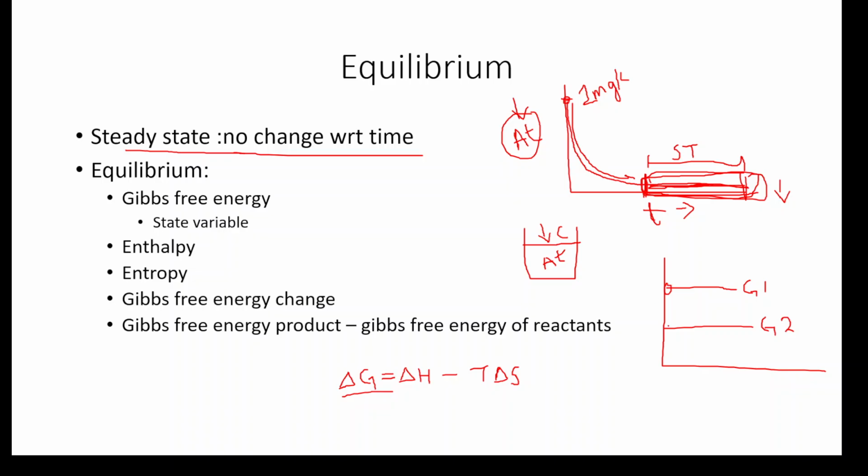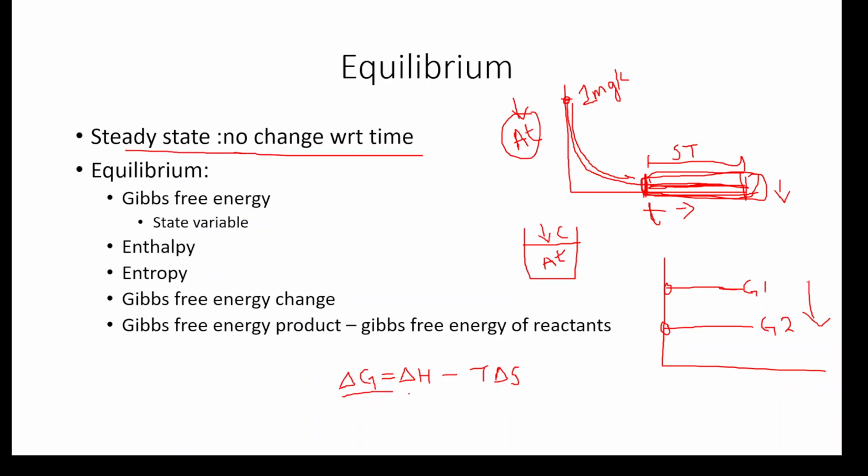It does not depend upon how much time it took. If for the same reaction it takes 5 minutes, and for another reaction it takes 10 minutes, it does not mean that the Gibbs free energy will change, because it is a state variable. It does not depend upon any other thing. So Gibbs free energy is a state function.